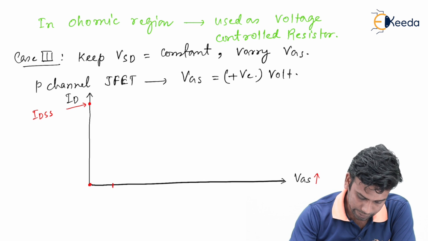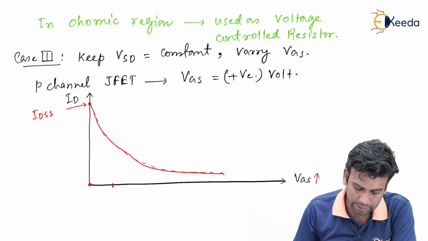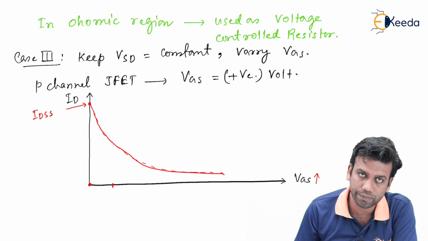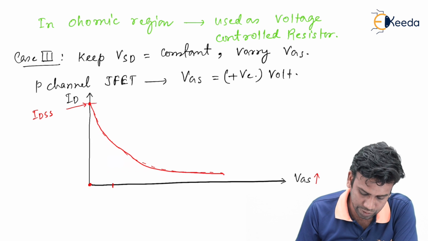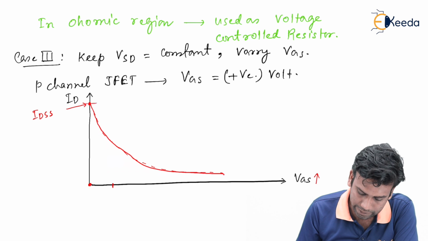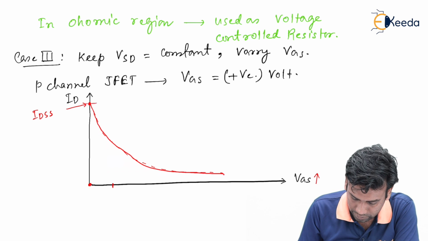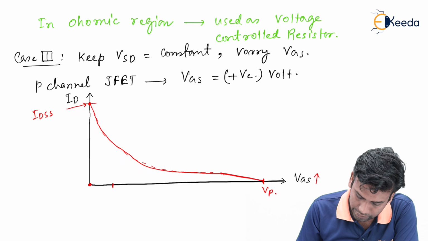In this way, the graph between the VGS and the ID will look like this. So this is the graph between the gate to source voltage and ID, and for VGS equals 0, we will get a saturation current of IDSS, and when VGS equals Vp, we will get an ID current of 0. So this point is the Vp.